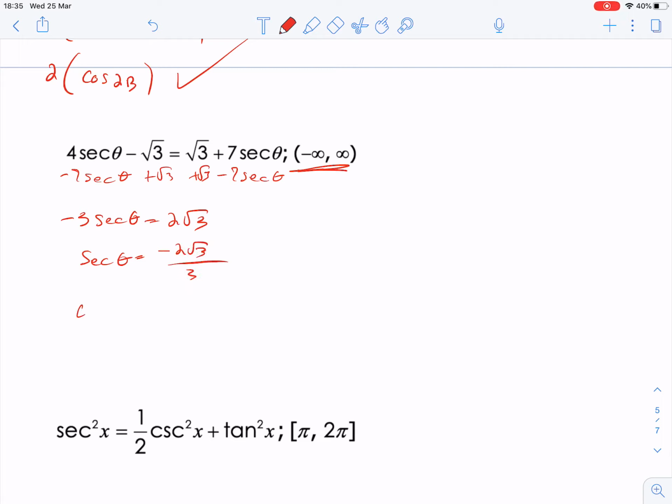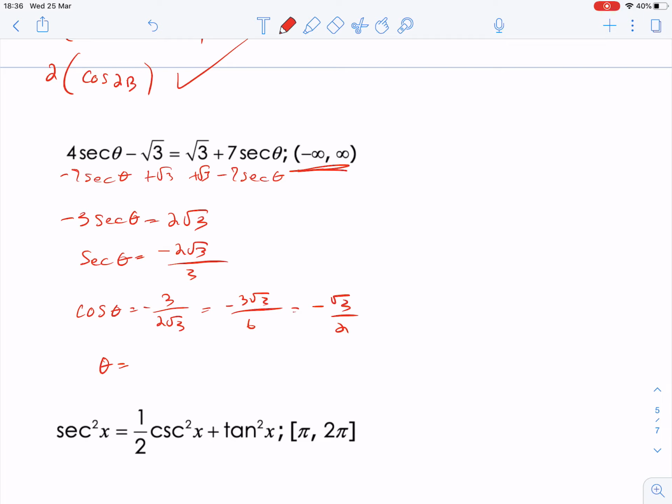I don't know my thetas for secant, so I'm going to switch to cosine. So I get 3 over, which is equal to negative 3 square roots of 3 over 6, which is equal to negative square root of 3 over 2. That's much easier. I know those. All right, so where's theta equal to a negative?